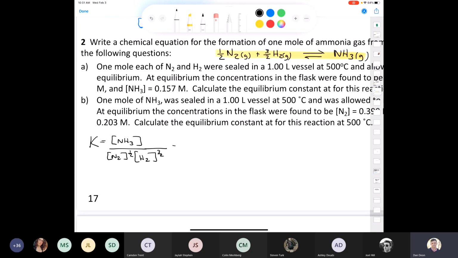So this is part A. I have 0.157 divided by, notice I'm leaving the molar out, and I'll explain that in a second, 0.921 to the power of a half, times 0.763 to the power of 3 over 2, or 1.5.